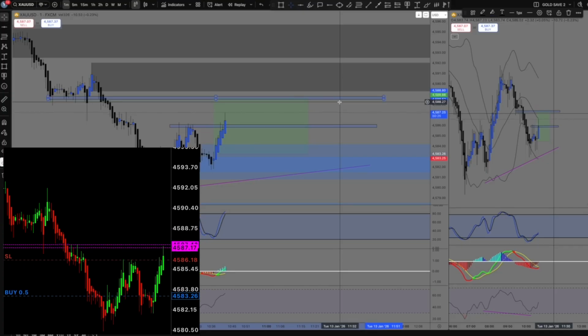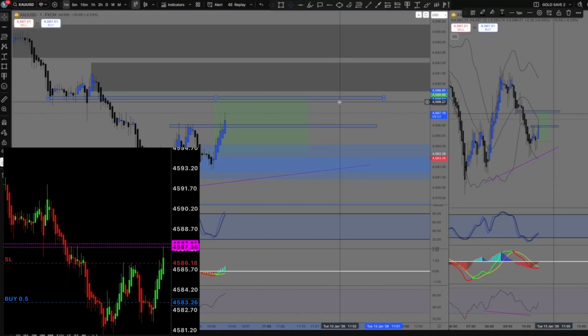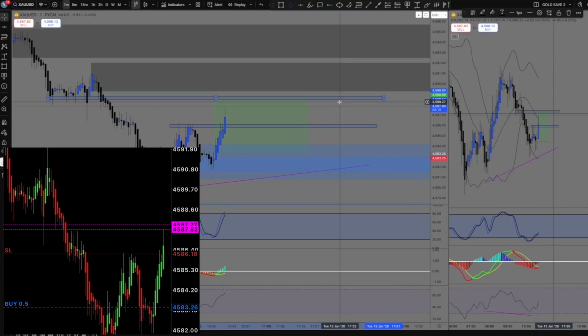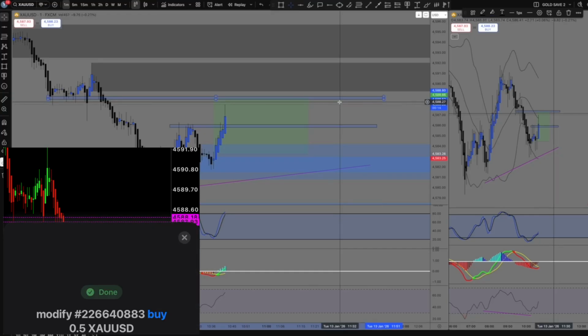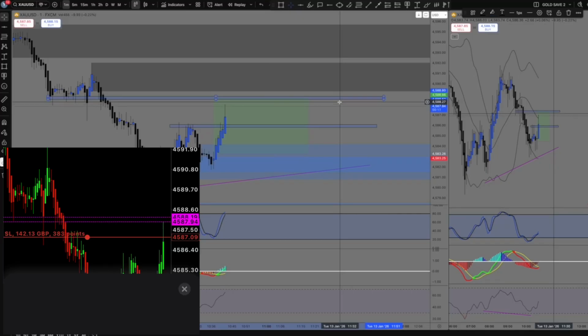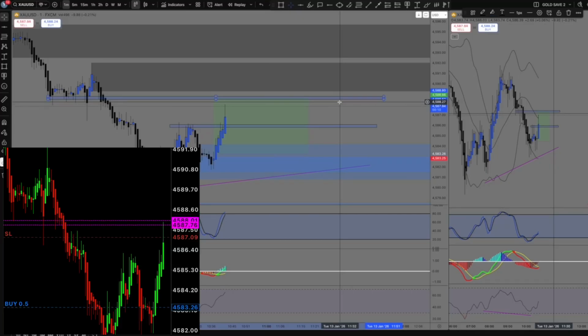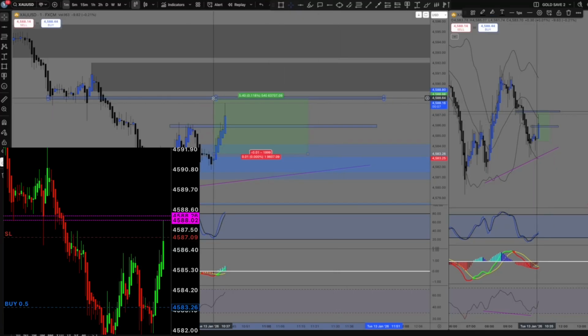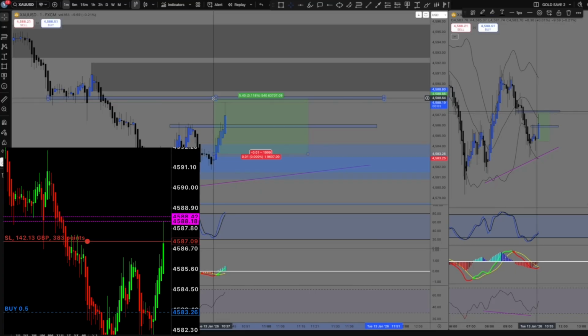So if this does happen to pull back down a little bit, we can get out of the trades. And as this starts to move up slowly, you can find yourself taking the stop loss with it and just modifying those positions to make sure we're locking in those gains. So then if the market does come back down to break even, we're not just going to lose everything. You don't want to get out too early on some of these things, because then you're just leaving profit on the table.